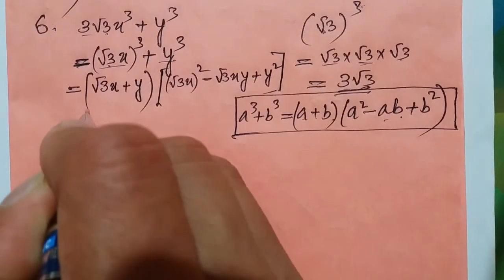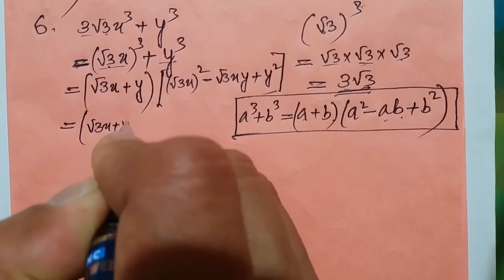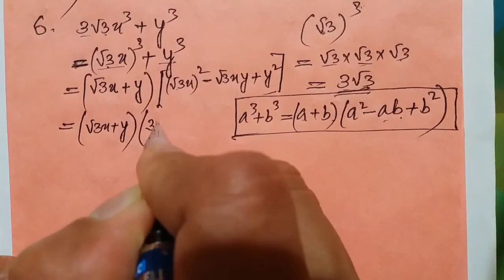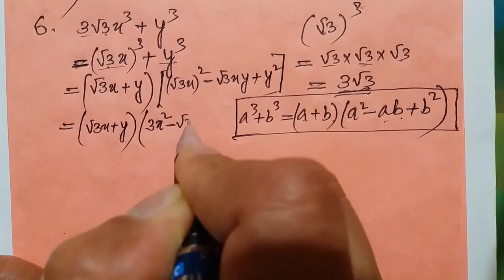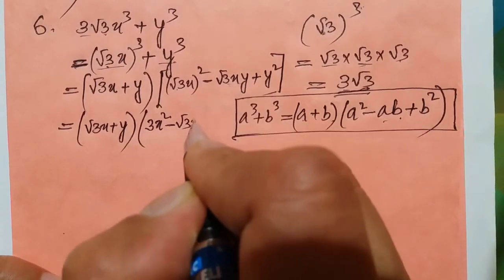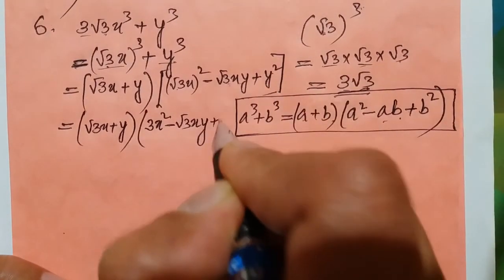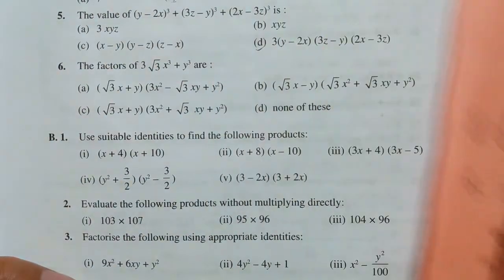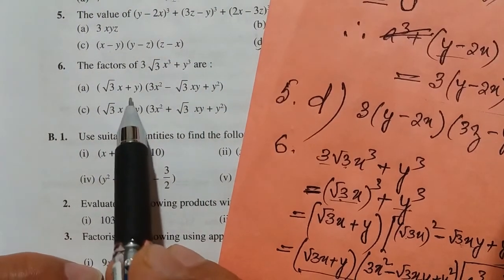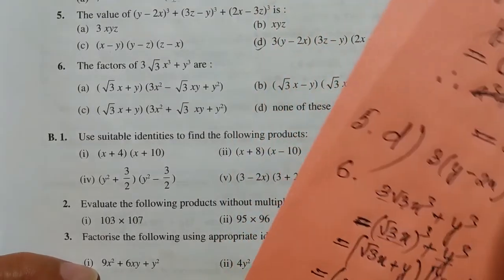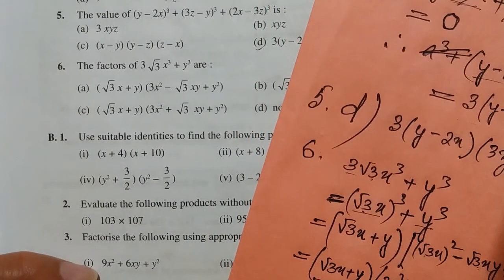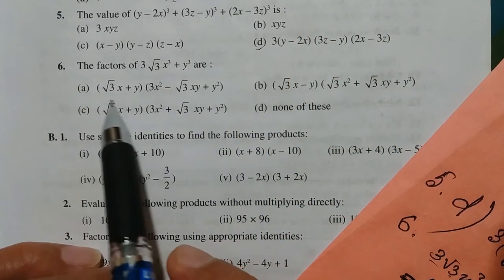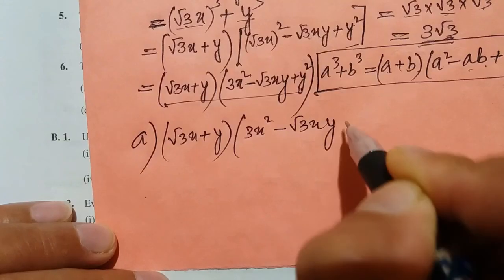So this is root 3x plus y, and then root 3 square is again 3, so 3x square minus root 3xy. You cannot do anything with this, we will just leave it as it is, and plus y square. Now let's see which option is this one. Root 3x plus y and 3x square minus root 3xy plus y square. So this is the right answer, the first one, that is A is the right answer.